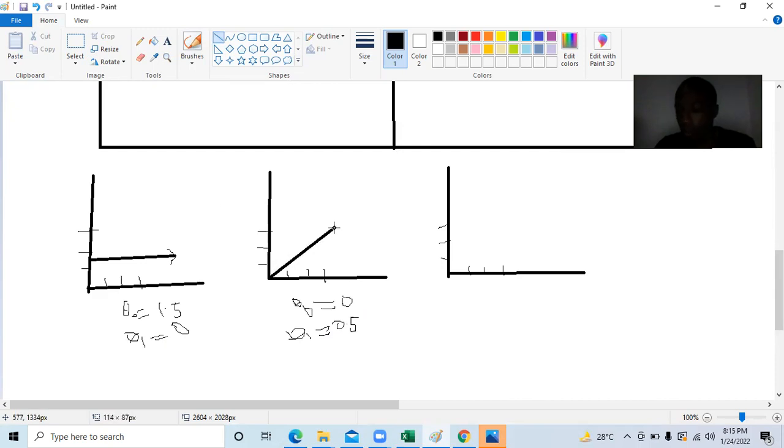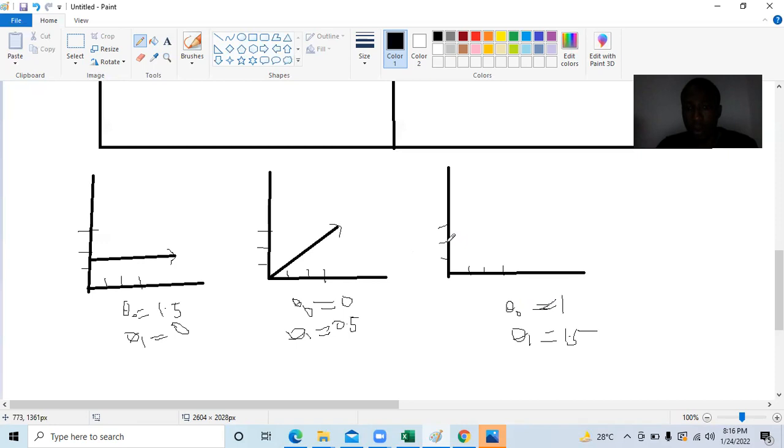Not necessarily accurate, but we're going to have a graph that looks like this. On the other hand, if our theta 0 is equal to 1 and our theta 1 is equal to 1.5, we're going to have a graph that looks like this.